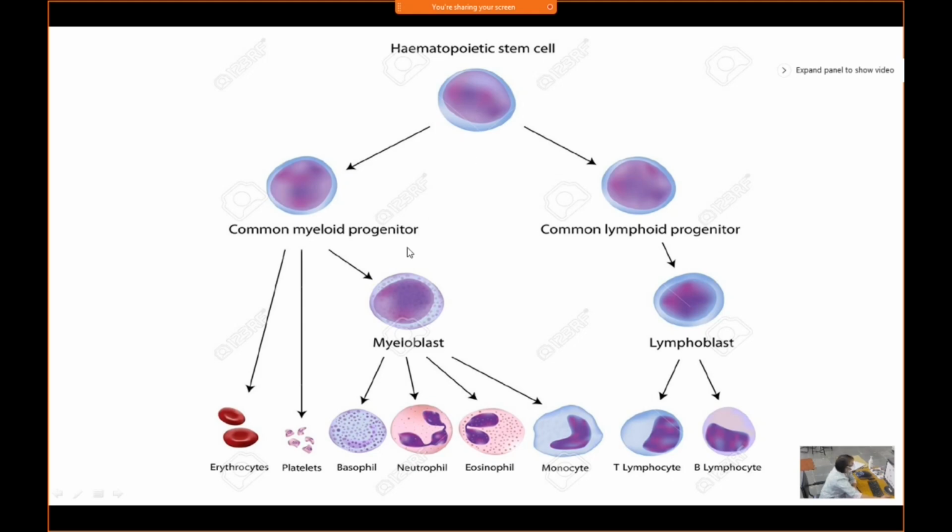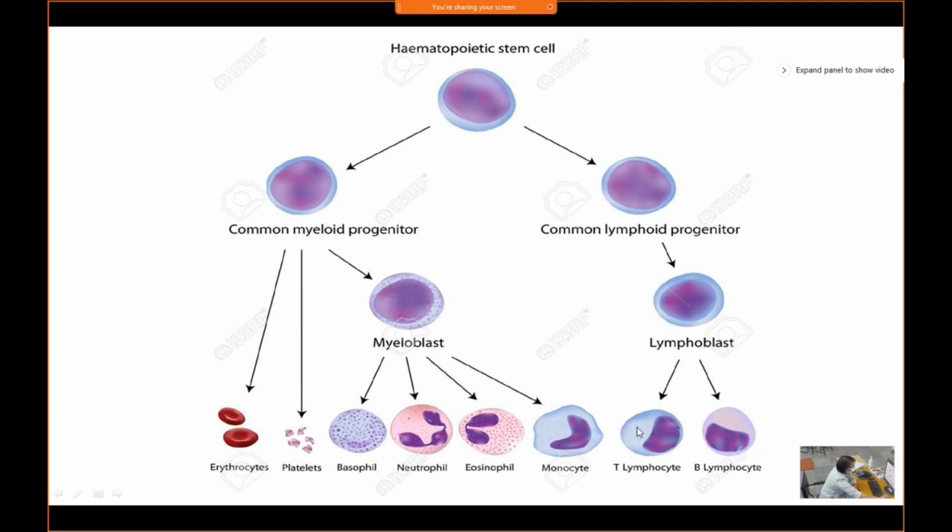Now, when you look at the common lymphoid progenitor, in this case, cells are very few. The lymphoblast is the most immature cell in the lymphoid series. And this lymphoblast, again depending on factors acting on it, will produce B lymphocytes and T lymphocytes.